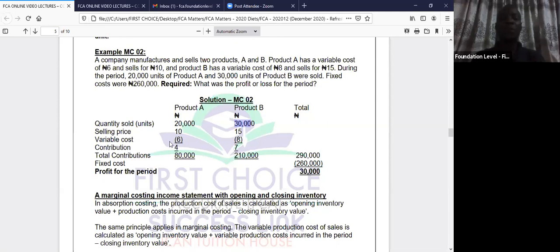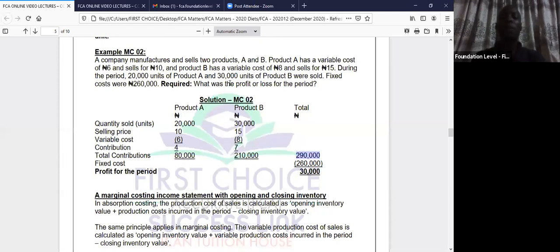It means if you have your contribution per unit of 4 naira, you can easily multiply it by the quantity sold to get your total contribution for product A. Applying the same method, 7 naira multiplied by 30,000 units will give you 210,000 naira. So when you now add the 280,000 plus 210,000, it gives you 290 total contribution.